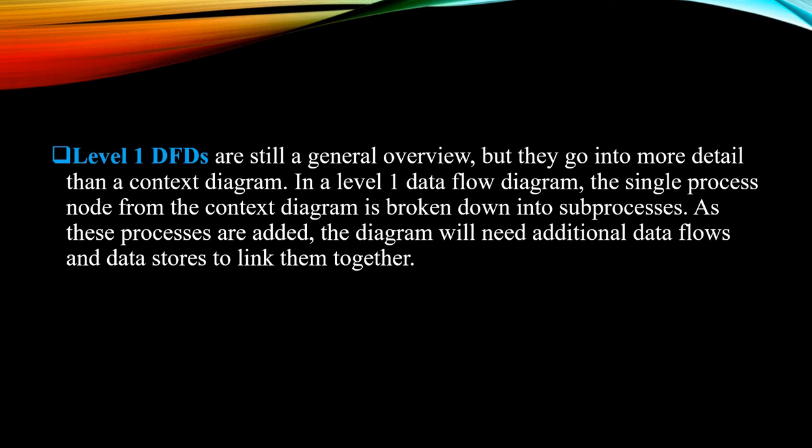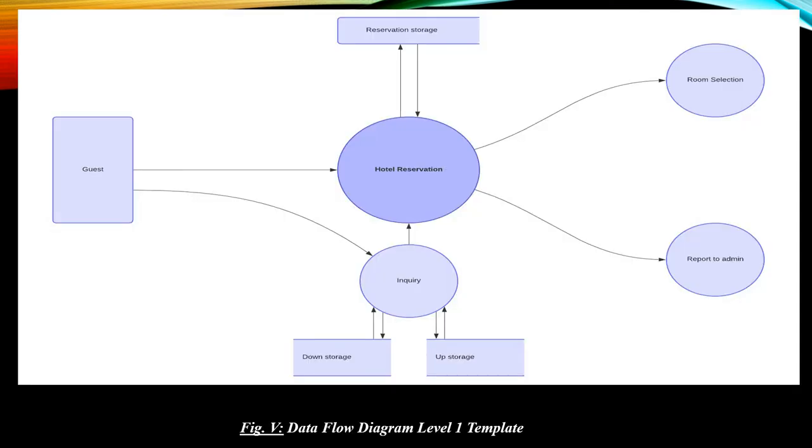From one process, it is divided into different sub-processes. As these processes are added, the diagram will need additional data flows and data stores to link them together. You can see here there are multiple storage, multiple processes, and multiple data flows.